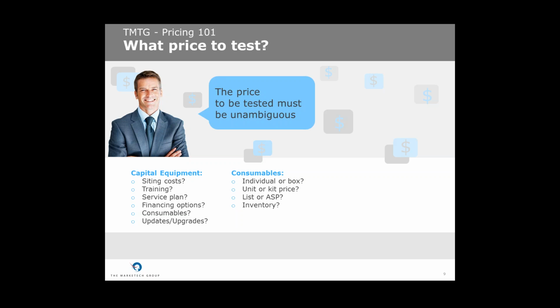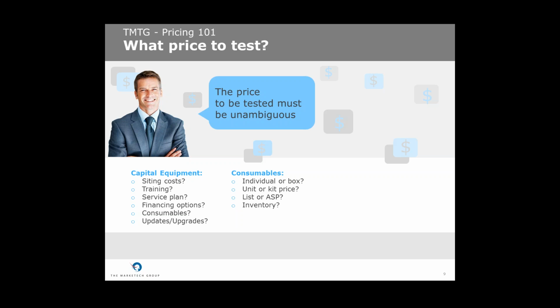Very important. If you're not clear about this, you may get responses that say, well, I'll pay $8 for that catheter. Others will tell you 18, but they're thinking that 18 includes all the ancillary swabs and alcohol and gloves and the like. Are you asking about list price or average selling price?